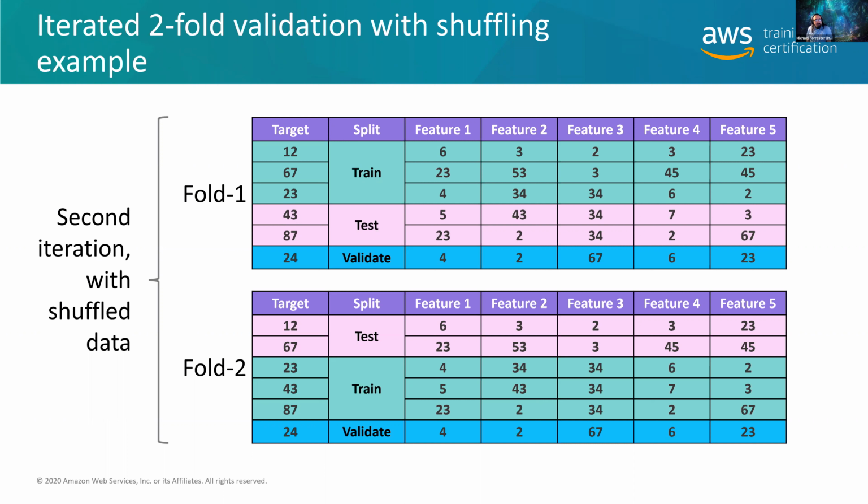K-fold validation. They have iteration examples, they have shuffling examples, they have leave-out iterations as well. Question: is this the only one with the first iteration and second iteration, or do all the k-folds have iterations? No, this is iterated k-fold.